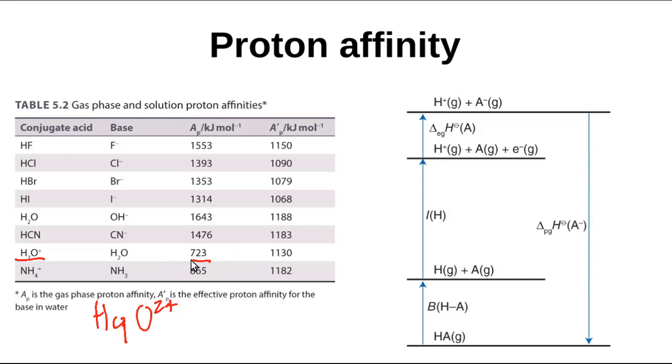I don't know how this is calculated. It is probably calculated, and the similar value 1130. It's at least 50 kilojoules per mole less than the water molecule in water solutions.